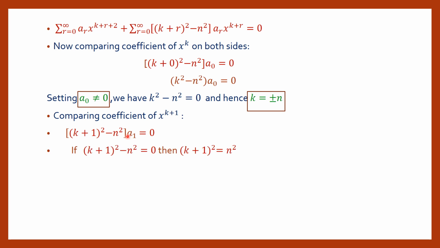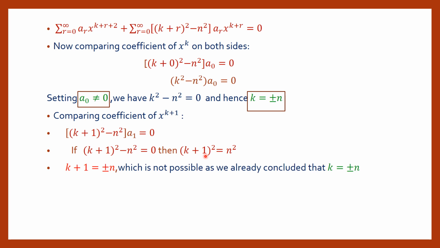If I consider the first term as 0, that is k plus 1 whole square minus n square is 0, we get k plus 1 whole square equal to n square, which means k plus 1 is equal to plus or minus n. This is not possible, because we already concluded that k is equal to plus or minus n. At the same time, k being plus or minus n and k plus 1 being plus or minus n is not at all possible.